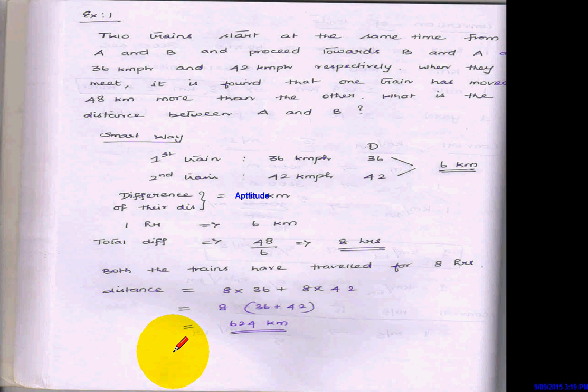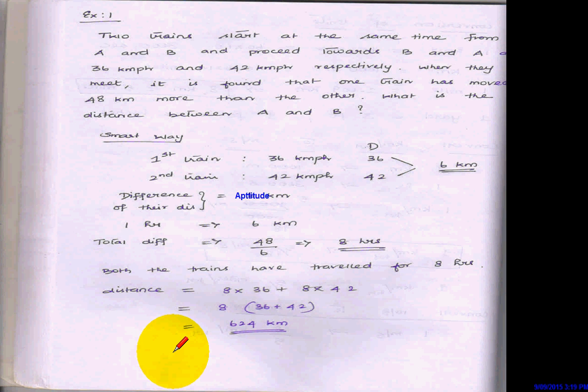What is the distance between A and B? From the question it is very obvious that these two trains are traveling in opposite directions, and the speeds of the first and second train are mentioned. They are supposed to meet at one point, where one train has travelled 48 km more than the other.